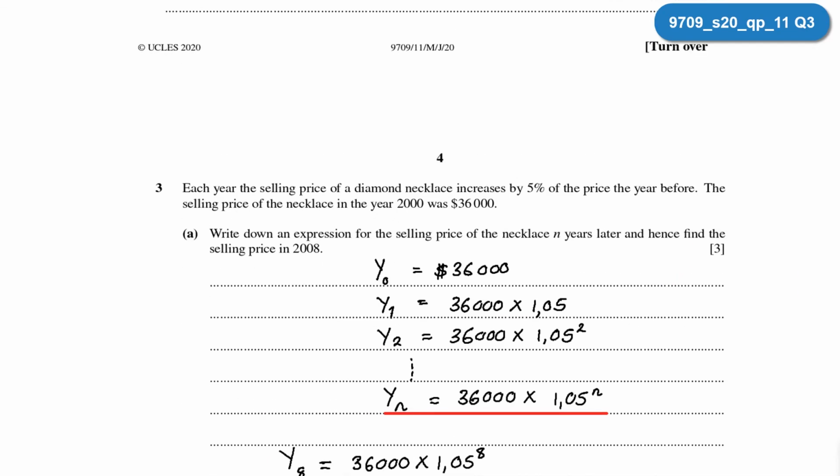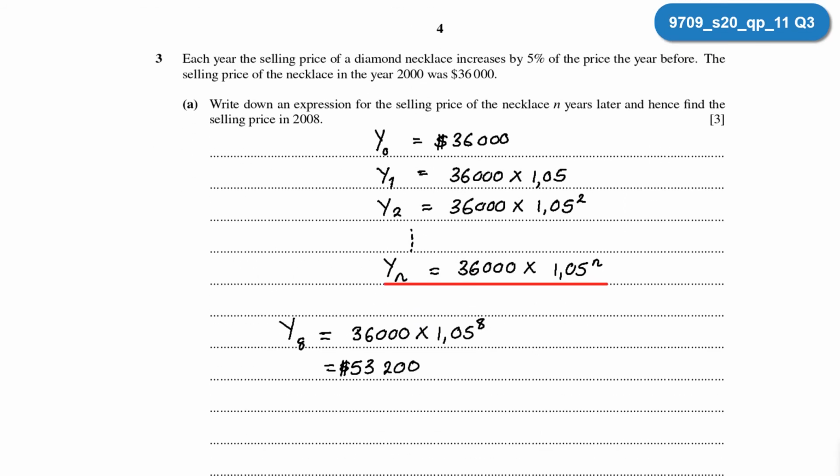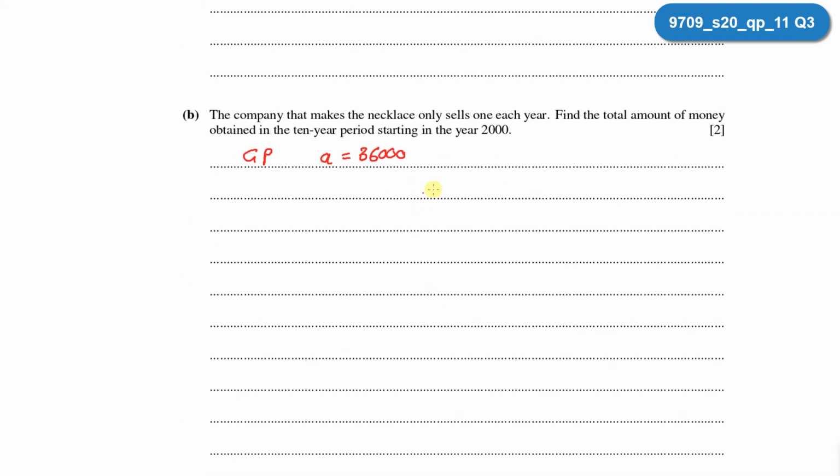This is the information we have from the first part of the question, that the selling price of the necklace in the year 2000 was 36,000. So that's the first term of the GP. And again, R, which is the common ratio, we've been using it as 1.05. So for this GP, geometric progression, R is equal to 1.05. And here we're talking about a 10-year period starting from the year 2000. So it means that N is equal to 10.